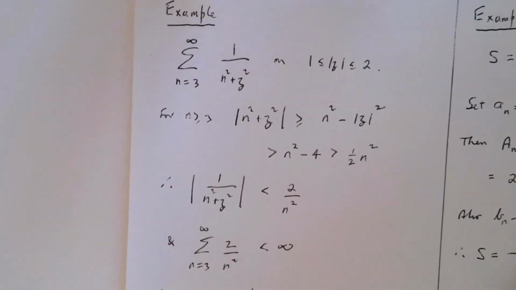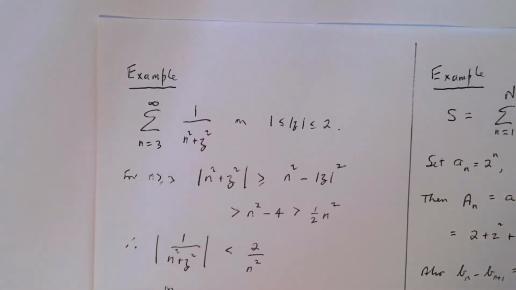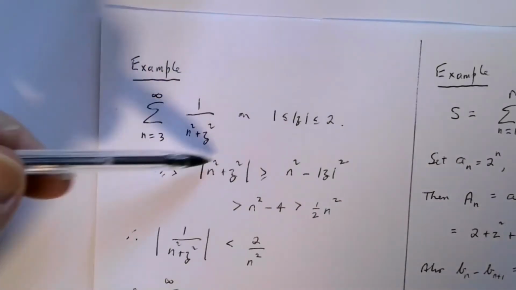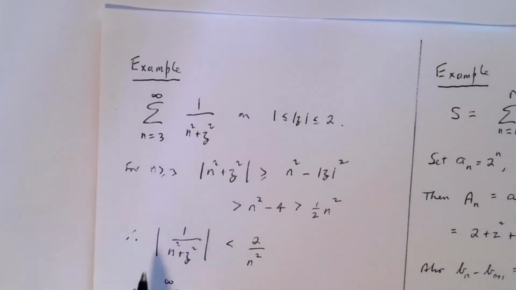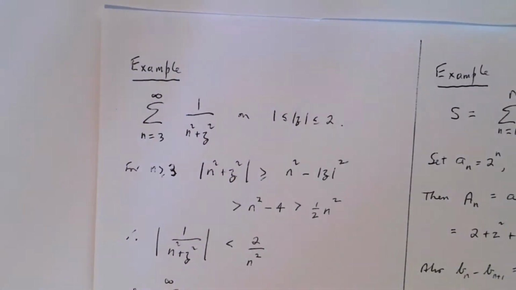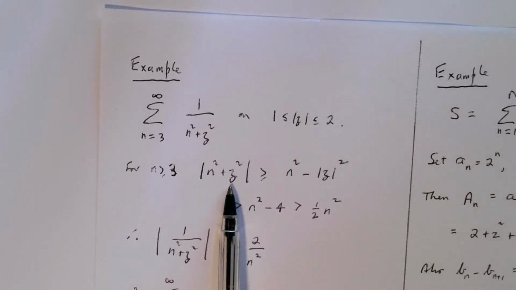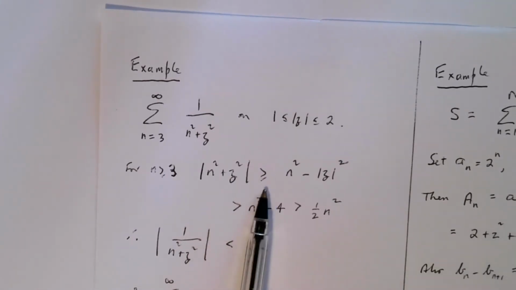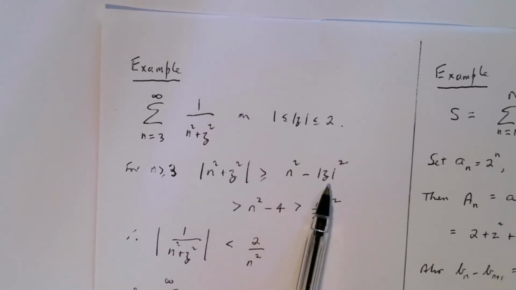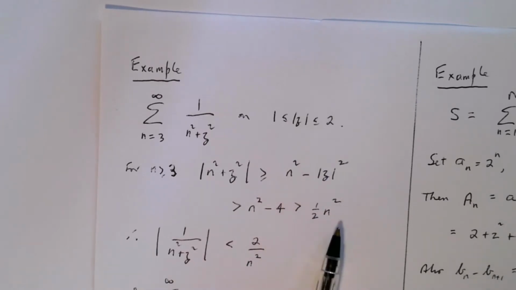What we need to do is get some sort of bound on the size of these functions. So for n bigger or equal to 3, which it is since we're summing from 3, the modulus of n squared plus z squared is bigger or equal to the absolute value of n squared minus mod z squared. We don't need the absolute value because z is between 1 and 2 in modulus.